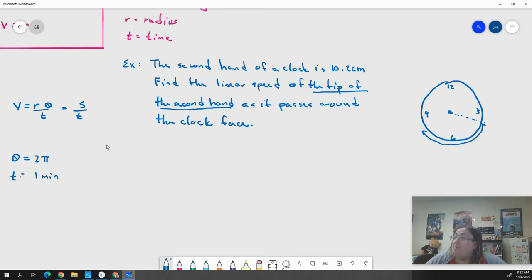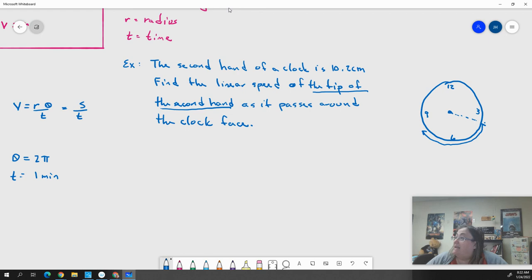So we're measuring that second hand, which is how long? Exactly, 10.2 centimeters.